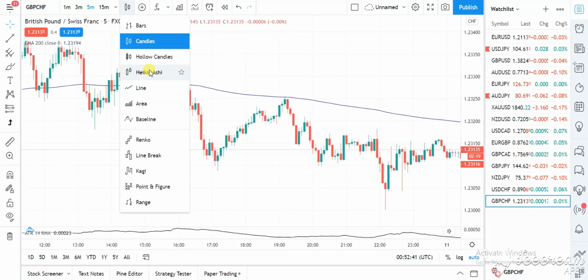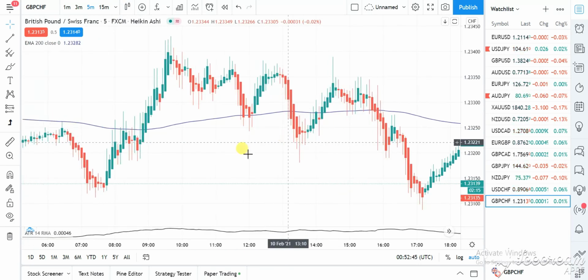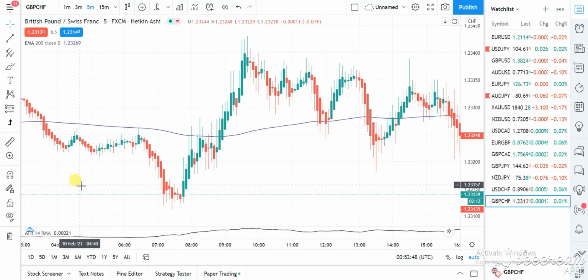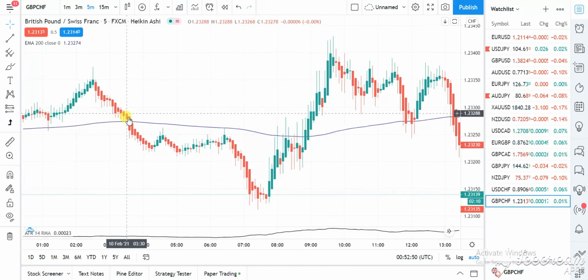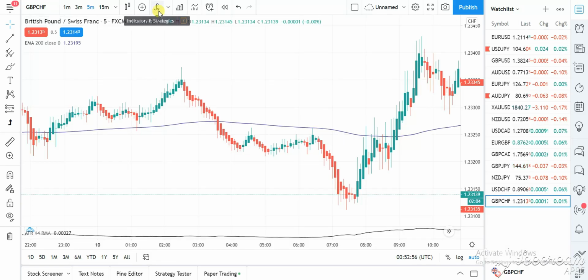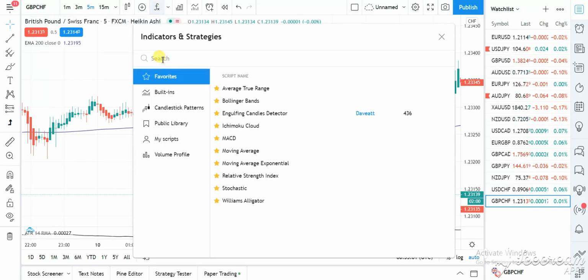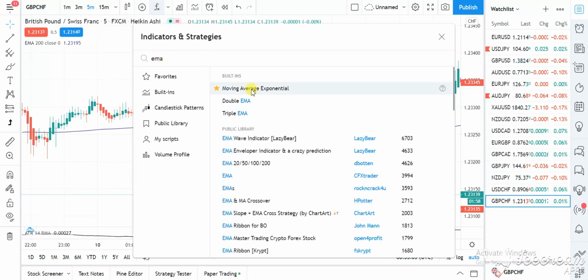Alright, so the rules of this strategy is we want to see a breakout of this 200 EMA line. And my bad, I'm so sorry guys, I didn't show you guys how to put the 200 EMA line on your chart. So you come to this point and you search for EMA, and there it is, moving average exponential.